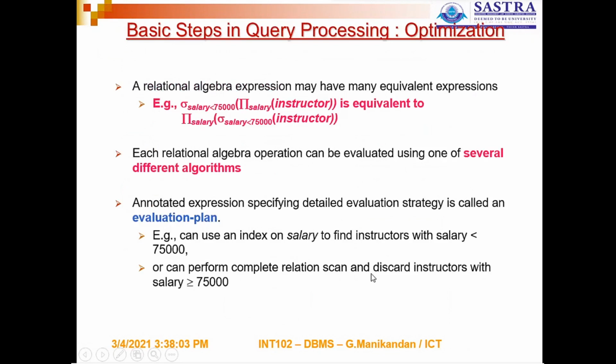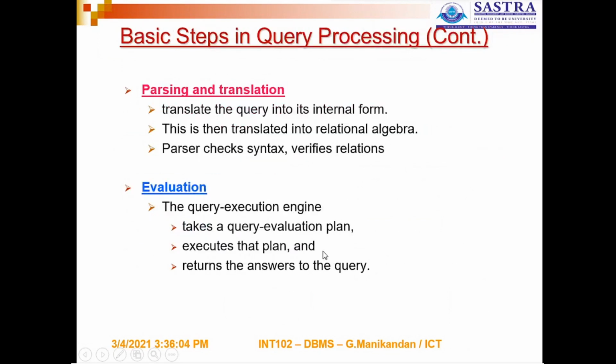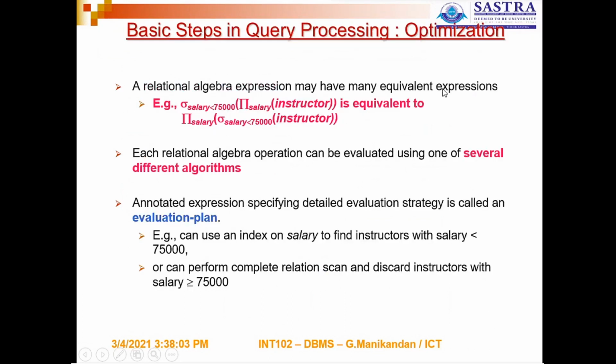Now what I have mentioned is that for the same query, we can have more than one solution. So this is a simple example. I have a relation called instructor.